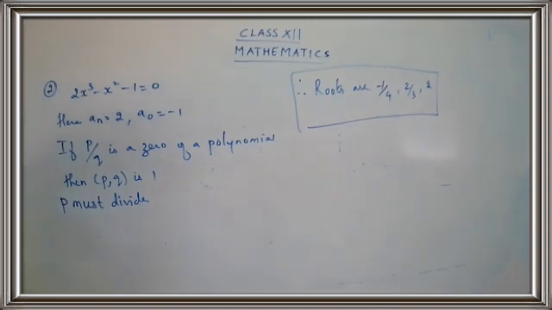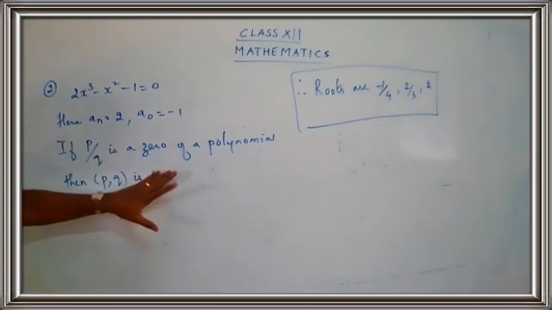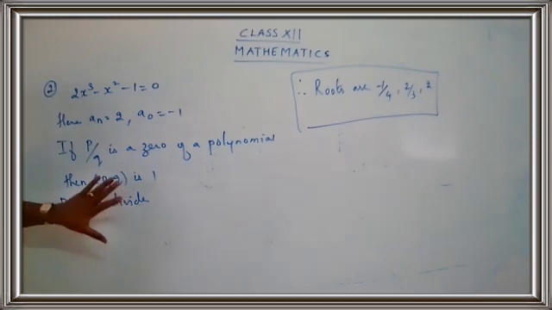Just come to the theorem, children. Just come to page 119. See, children, if p upon q with pq equal to 1 is the root of the polynomial, they are saying that if p upon q is a 0 of a polynomial, then pq is 1, that is, the LCM is 1.